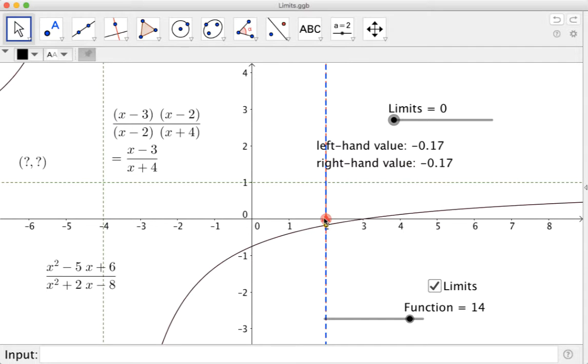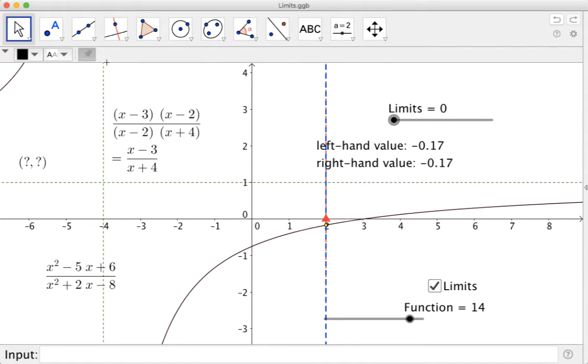So here we do have a limit, because the left-hand and right-hand limits converge on negative 1/6. The limit of this function as x approaches 2 is negative 1/6, even though the function is not defined at x equal to 2.